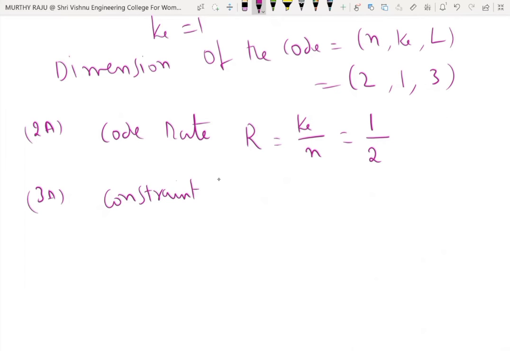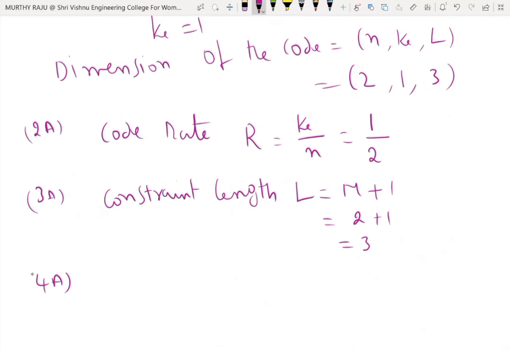Constraint length of the convolutional encoder is represented by capital L, that means m plus 1. 2 flip-flops are required to store the previous 2 successive bits, m1 and m2. That means 2 plus 1; the constraint length of the convolutional encoder is 3.